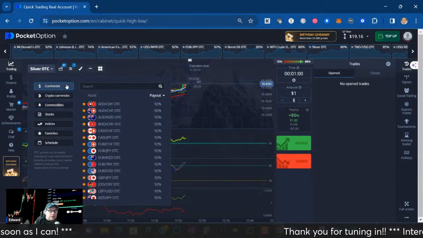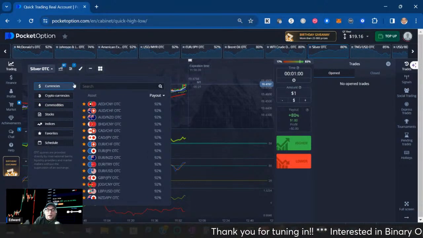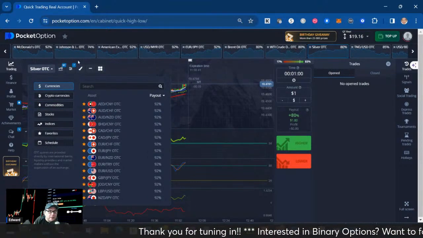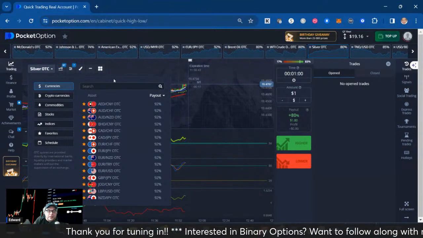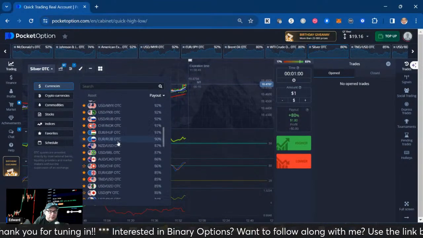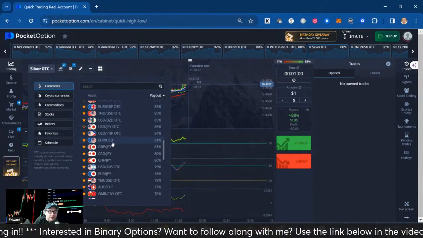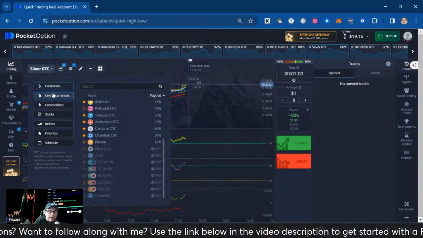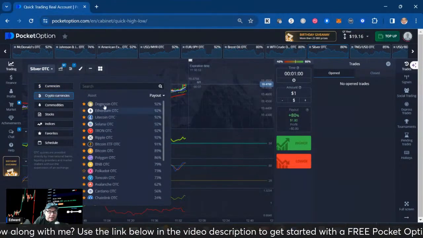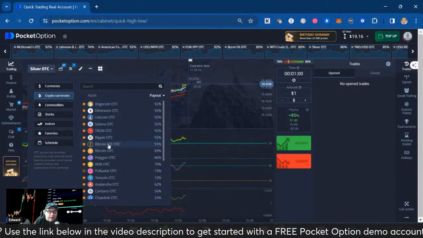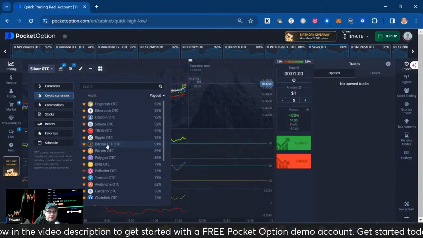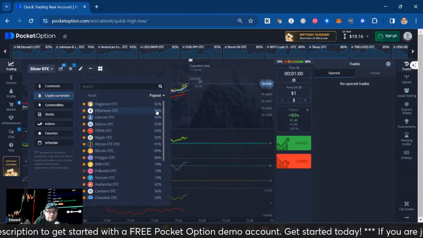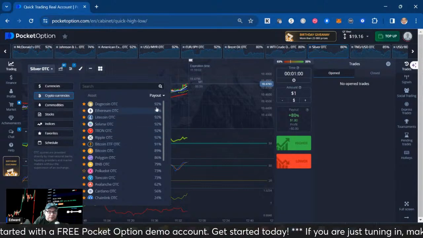Let's look at currencies. If you're not familiar, Pocket Option has different markets you can enter. There's the OTC market, after hours trading, and then there's the actual markets. You can see here currency pairs. There's cryptocurrencies. Not too long ago, they just added the Bitcoin ETF OTC. The percentages you see on the side here are the payout percentages, right?